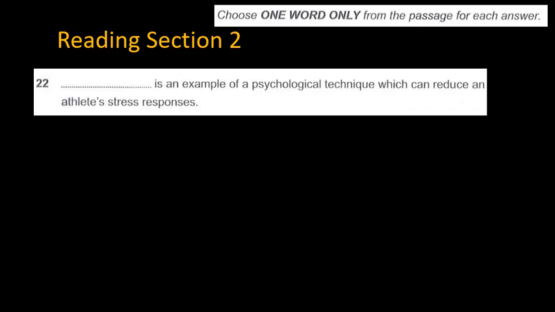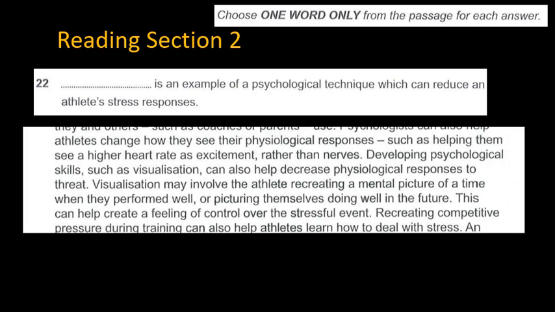22, something is an example of a psychological technique which can reduce an athlete's stress response. Right, we've already looked at psychologists and reducing stress, so it's going to be in this bit. We need an example of a technique. So we had use of language.